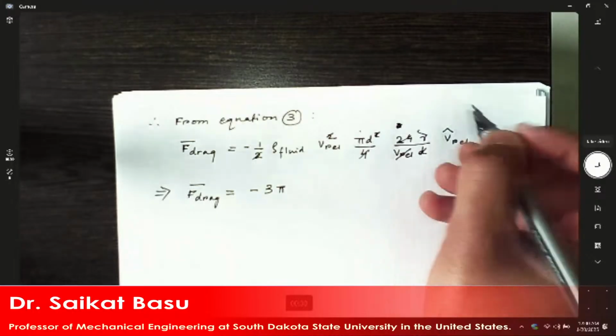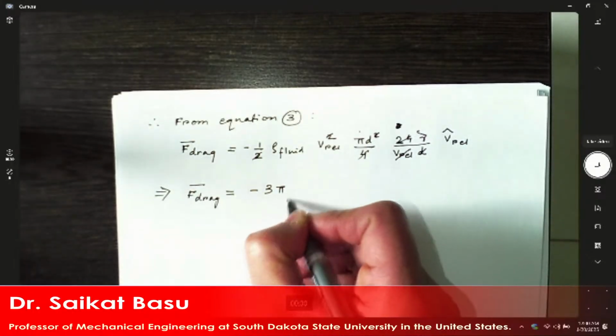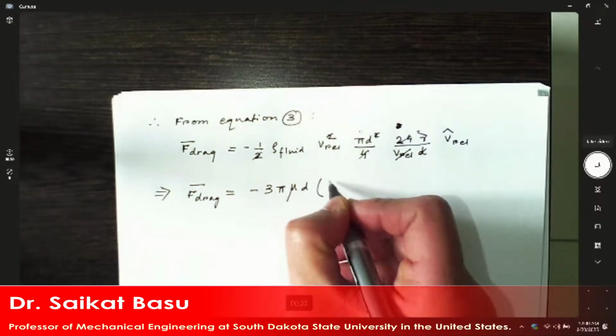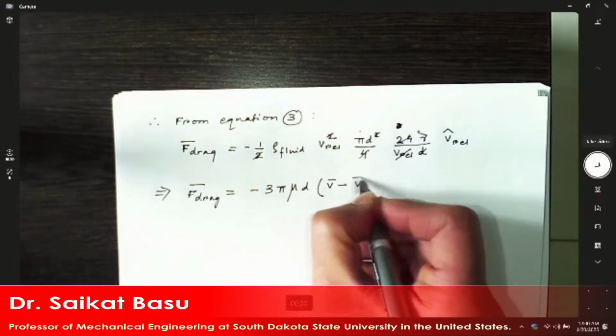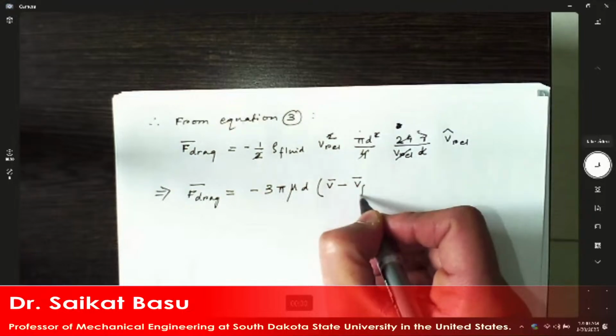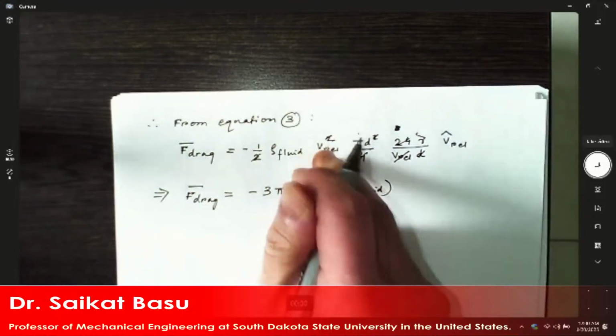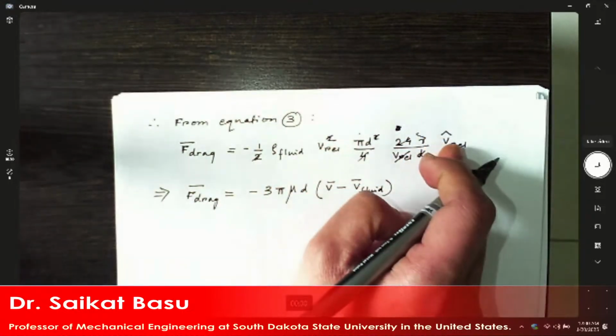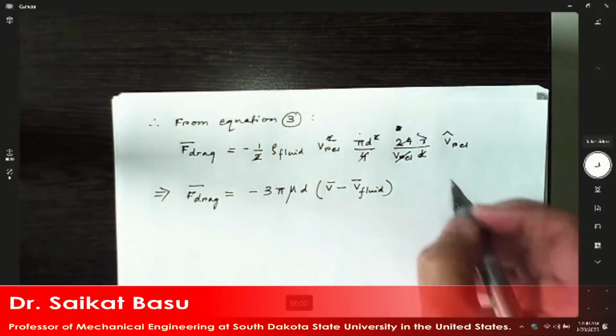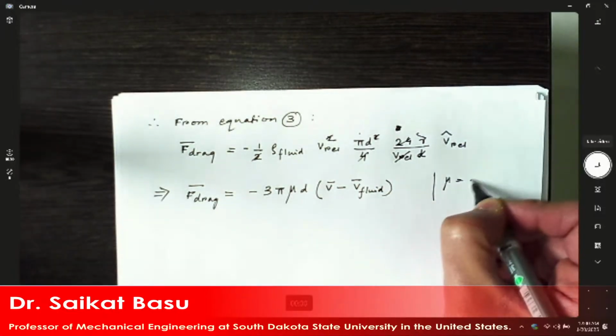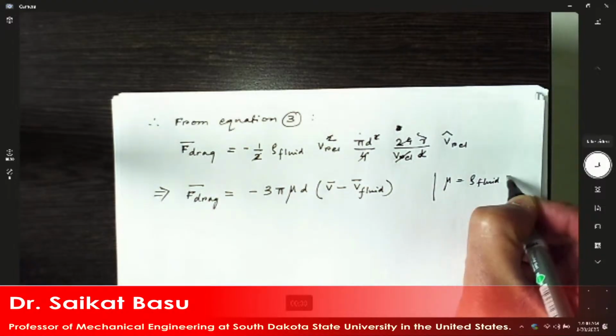This nu could be broken up as well, so if I do that, mu d (V minus V fluid). I'm combining this V rel with the unit vector for V rel to write it in the vector form, and I've used mu as the rho fluid times nu.